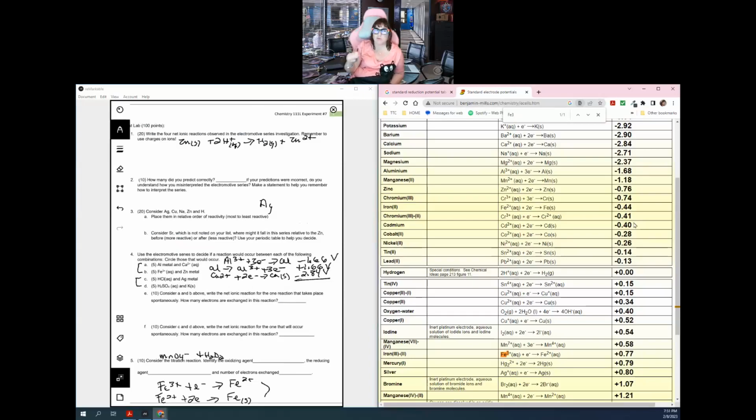So the thing that gains electrons, a reactant, is the oxidizing agent. The reducing agent causes reduction in something else, so it itself is oxidized. So losing electrons, being a product, that's the one you're looking for there. And then you need to list how many electrons that process was. Okay? And that's everything.